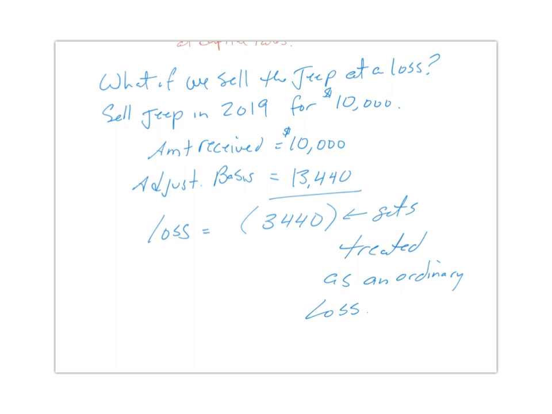So that's pretty cool. That gets to be netted against your ordinary income and is not limited to that $3,000 a year deduction like a capital loss would be. So those are the three scenarios for Section 1231.